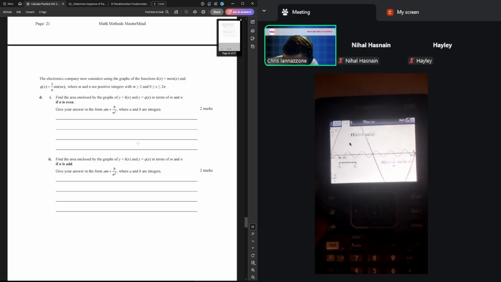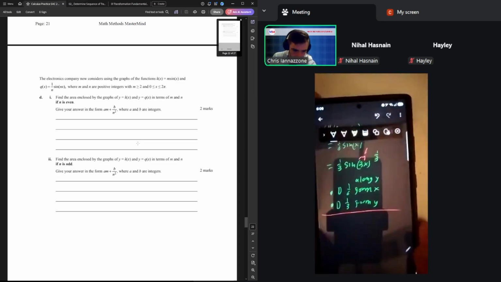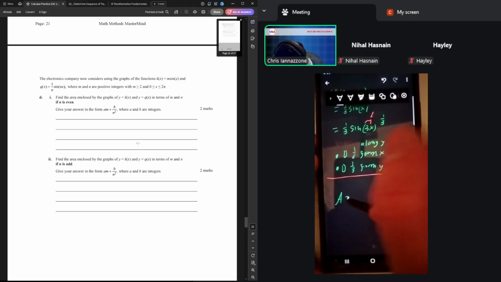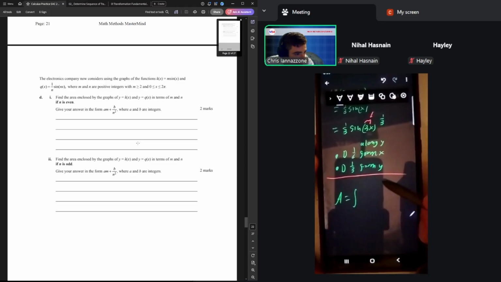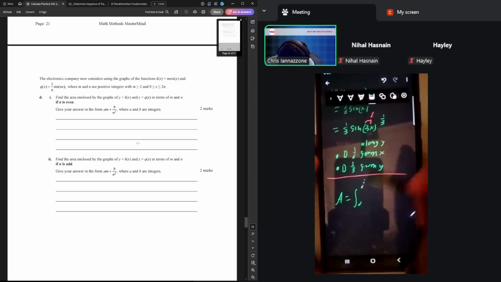Now, what are we going to do here to actually get our n in there? I guess we'll just see where it leads us. So area is going to be the integral from 0 to pi, or double it rather.